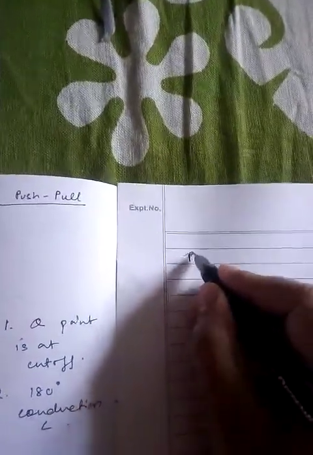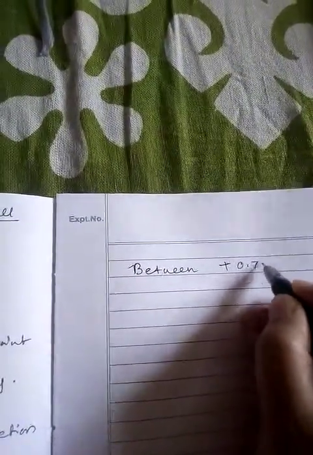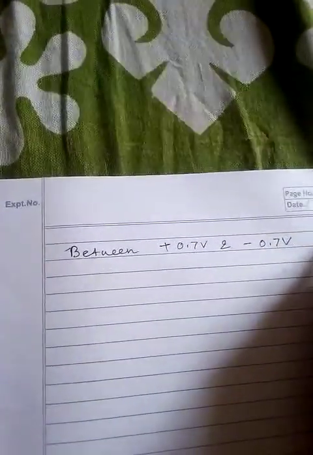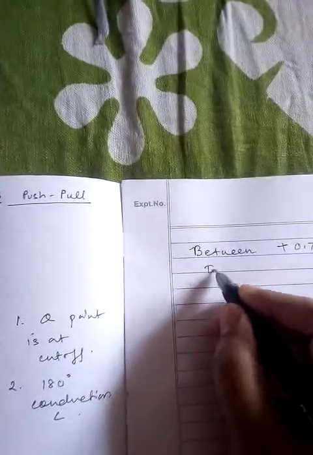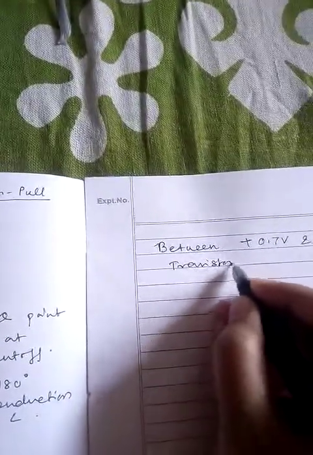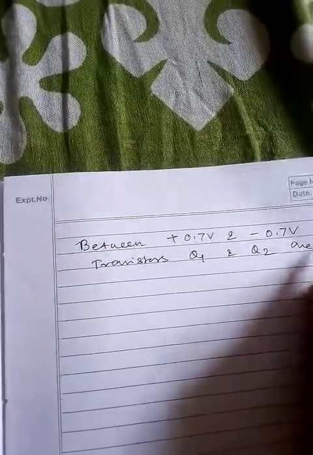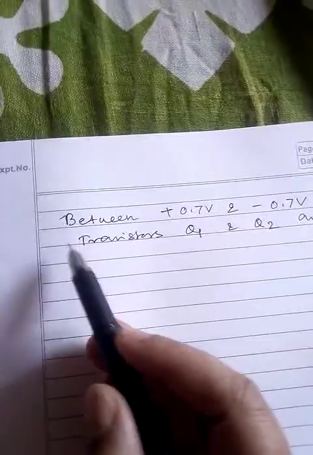So I can write it like this: between plus 0.7 volts and minus 0.7 volts, both the transistors, that is Q1 as well as Q2, are off and no current flows through them.